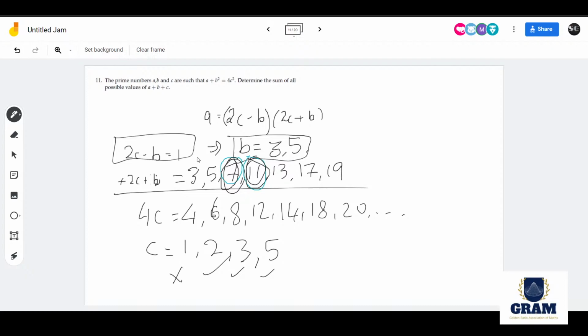So the pairs are, if someone of you could write the pairs as 7 comma 3 comma 2 and 11 comma 5 comma 3. Just write the pairs because the thing is not working for me.